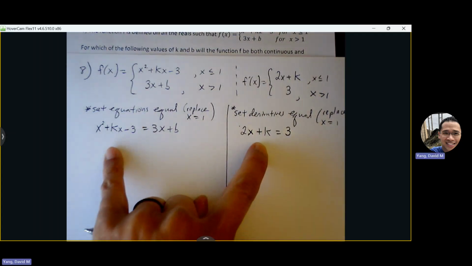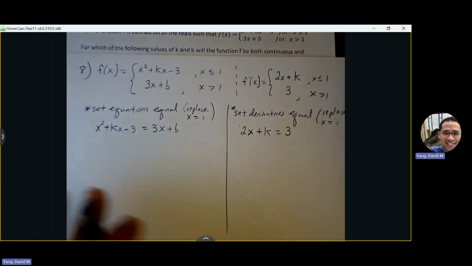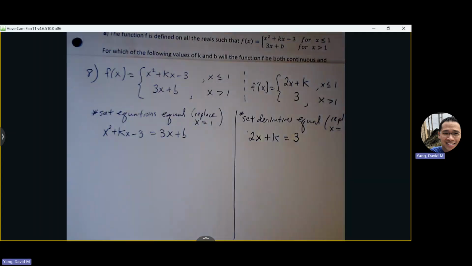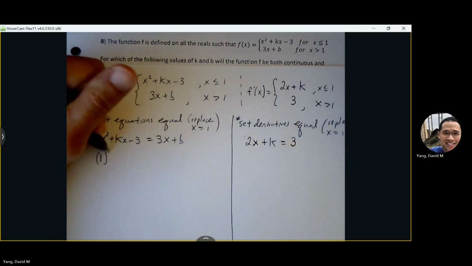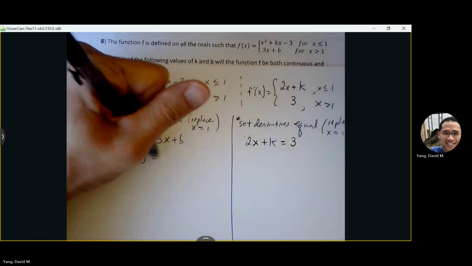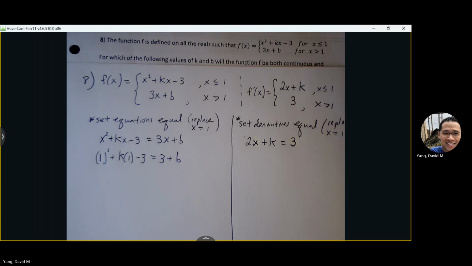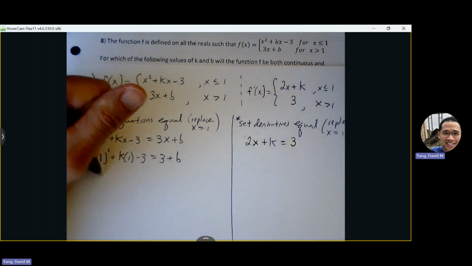Okay. We still have to replace every x with 1, because that's where they're going to meet. We should be able to get it down to a point where we can solve for k and b with 2 equations.